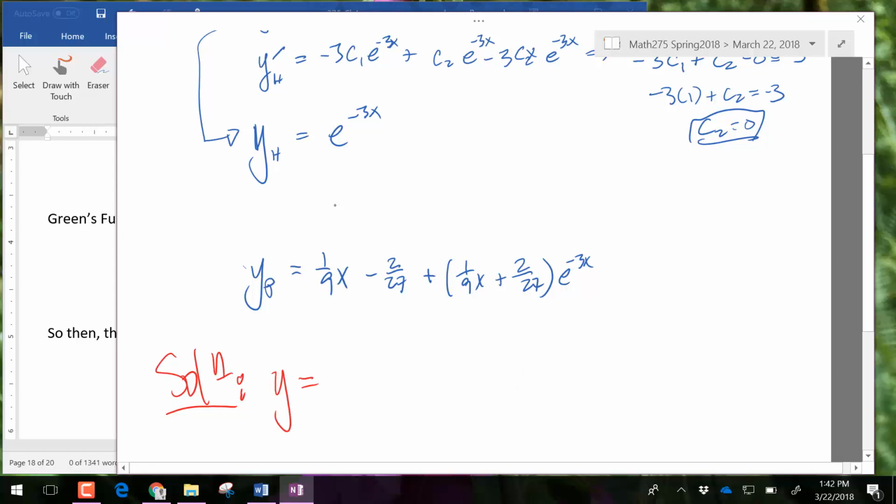Y is equal to the y sub h plus the y sub p. I suppose you can combine a couple more things if you want, but I think this is good.